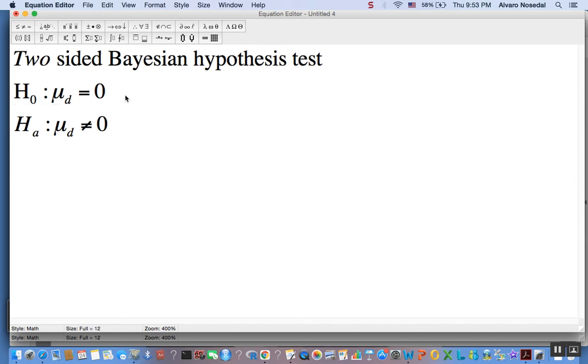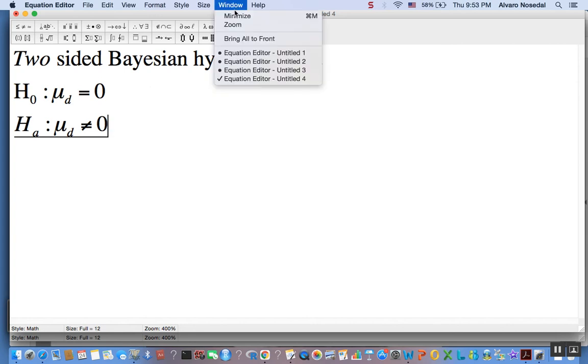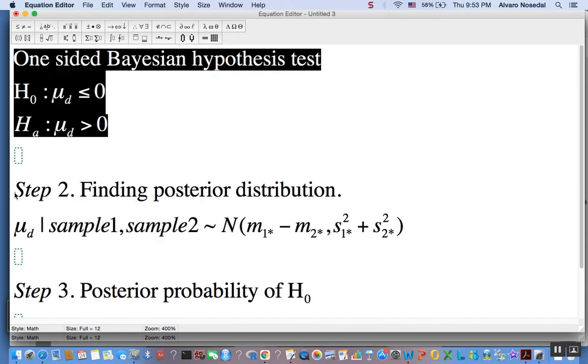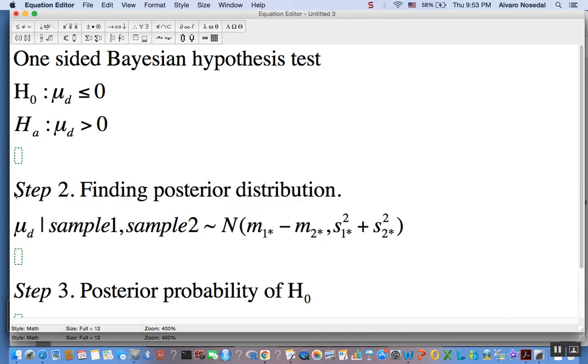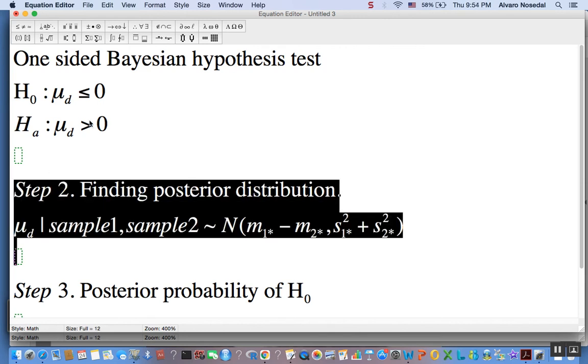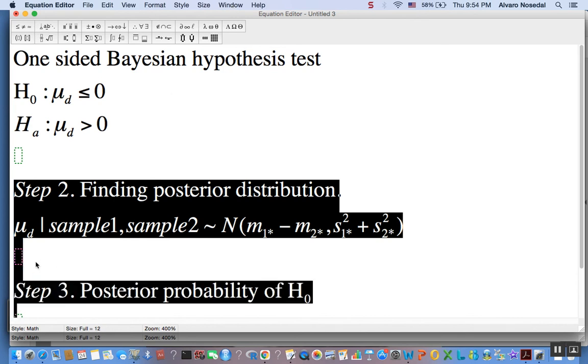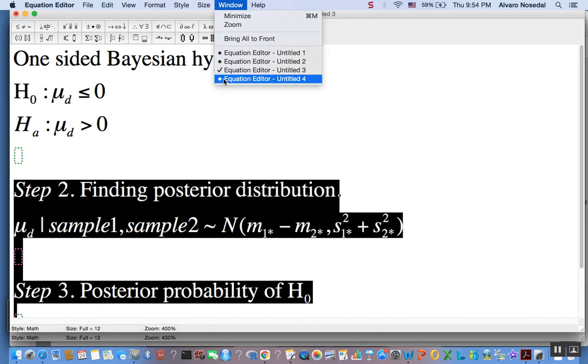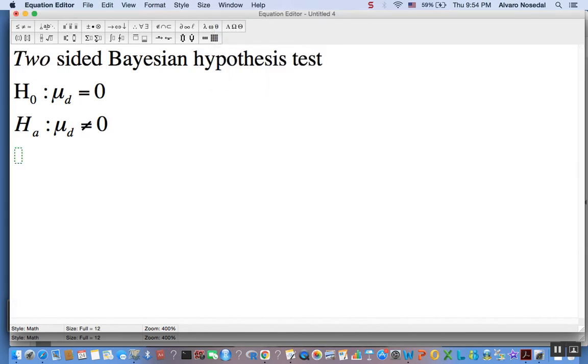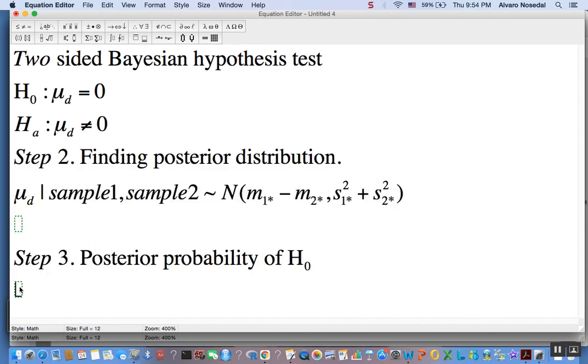In that case, we know that there will be a problem. I mean, there will be no problem up to this point. You're going to be able to find your posterior, no problem. But when you want to find the posterior probability, that's where you're going to be unable to do that.